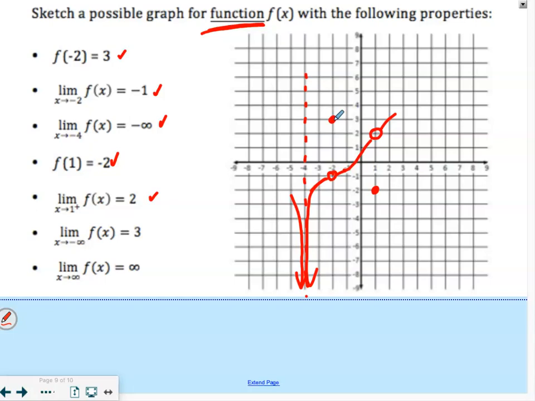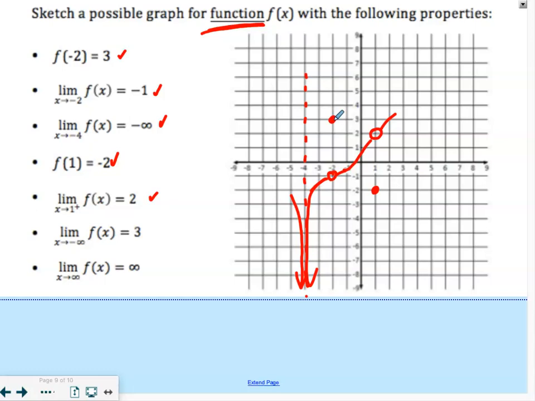The limit as x approaches negative infinity and x approaches infinity. Those are end behavior descriptions. X approaching negative infinity is way out here, and x approaching infinity is way out here. So really, this is kind of saying, hey guys, as x approaches negative infinity, we basically have what's called a horizontal asymptote at 3.